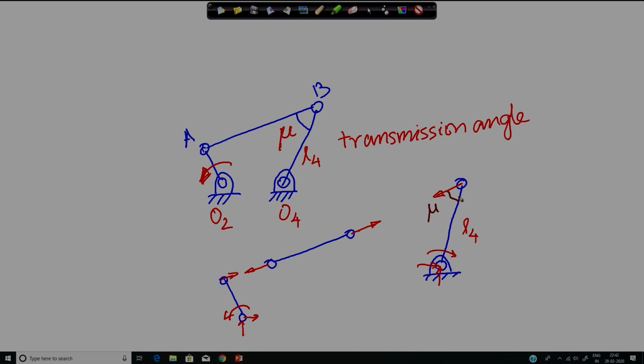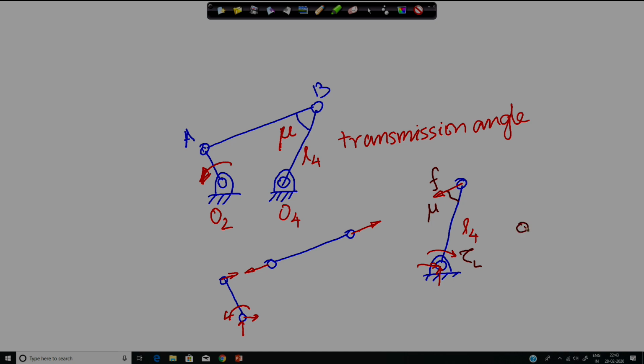Now, if this mu is very small, then you can imagine that the transmission will not be good, it will not be able to possibly drive the output. But if the transmission angle is very large, then it can take a lot of torque by a finite force at this hinge. So, this force is going to remain finite and it is going to handle the load torque.